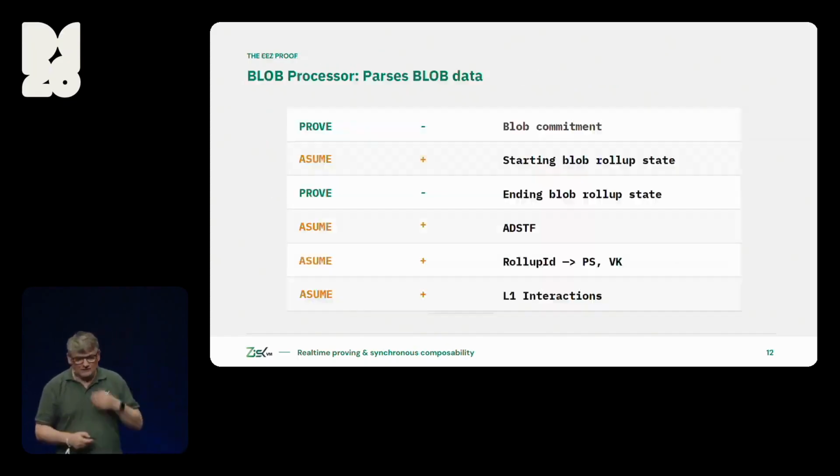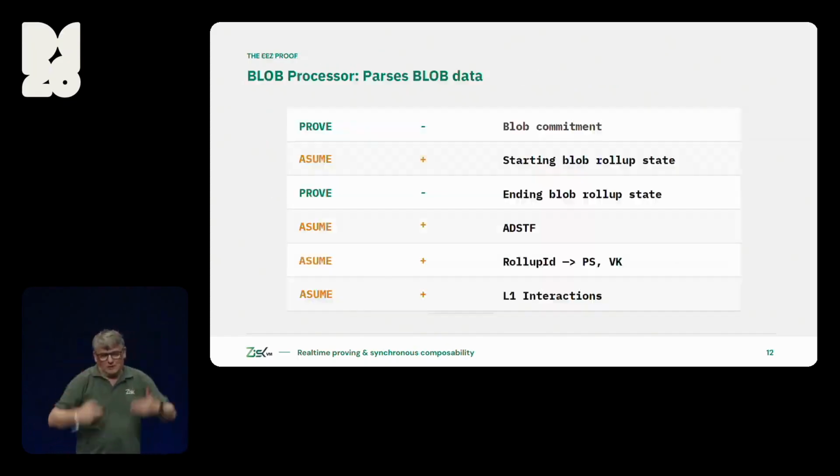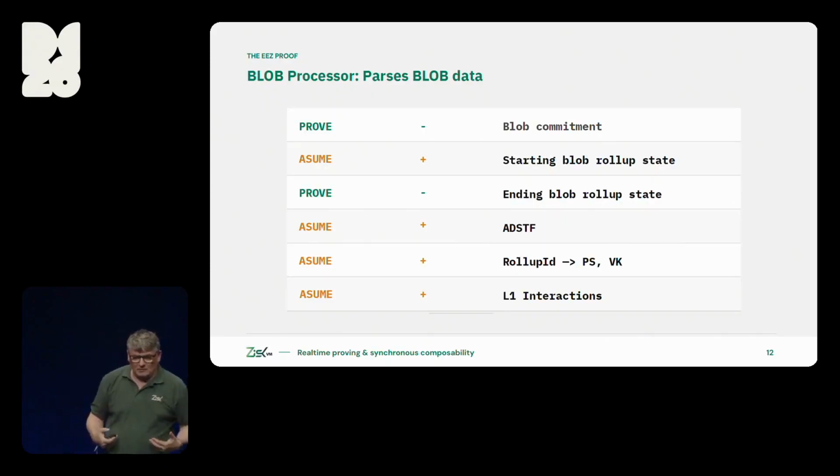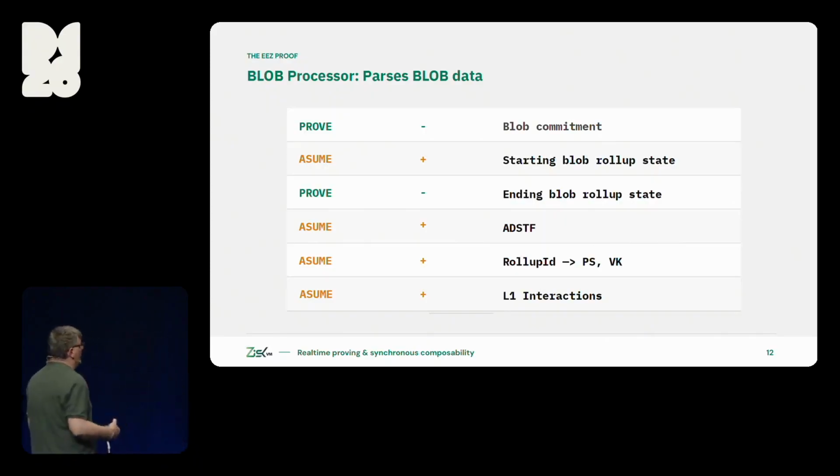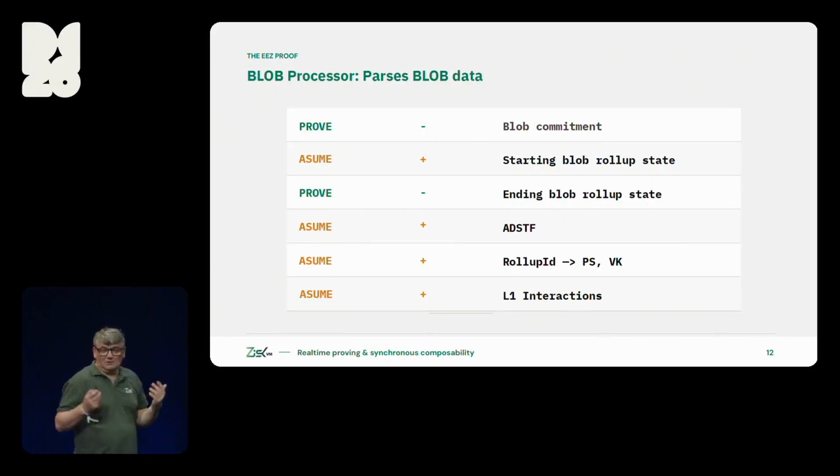Okay? So if we see these different pieces, for example, when we are processing a blob, what are we proving? Well, we are proving that the blob commitment that will come is correct. So in this case, I'm subtracting from the proof there.